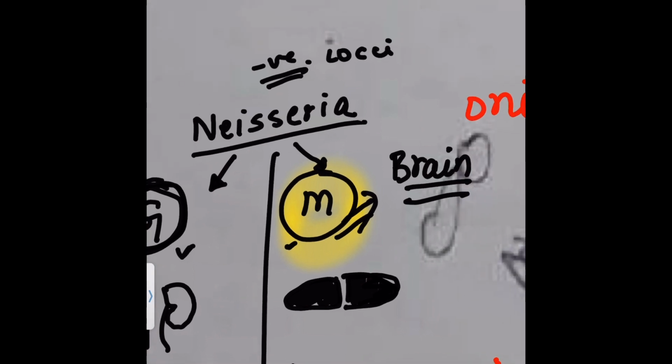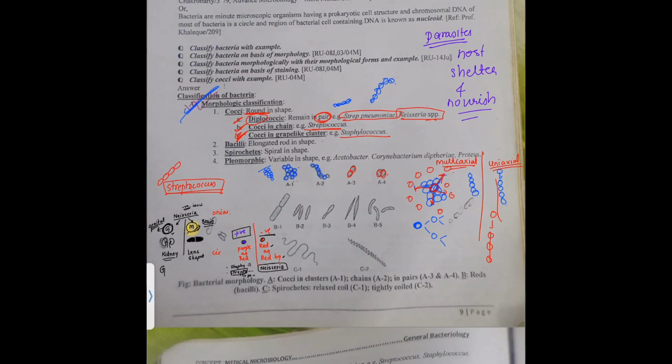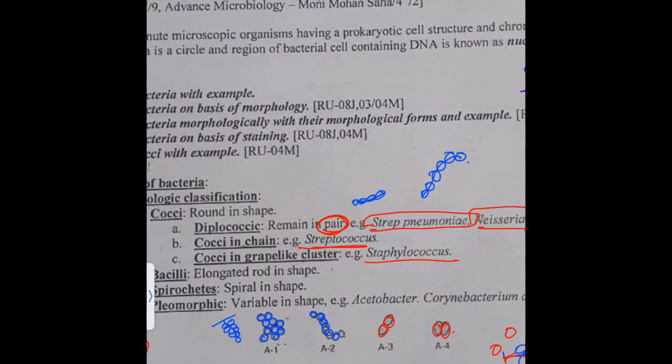Gonorrhea causes urethritis, cervicitis, or infections in the genital tract, and is kidney shaped. Meningitidis causes meningitis, therefore it is capsulated and lens shaped. But mind you, both of them are diplococci. I hope I made it clear.